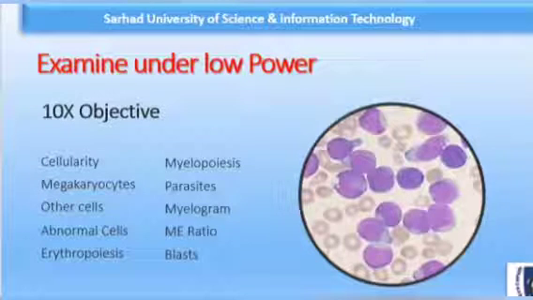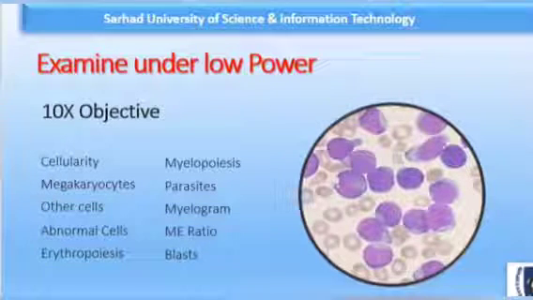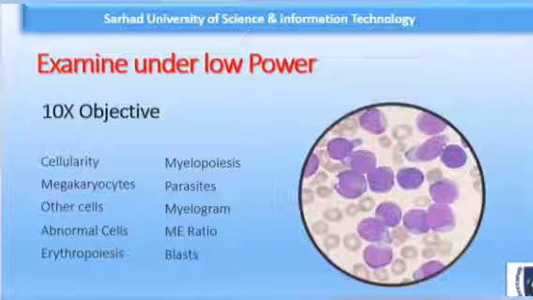If we are looking for parasites, examine for the presence of parasites, particularly Plasmodium falciparum. Then we have the myelogram, and we'll discuss it one by one, what the myelogram is and the importance of these cells. Then we are looking for the M:E ratio, and finally we are looking for the blasts.